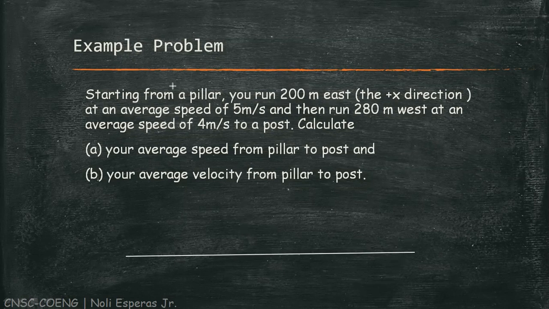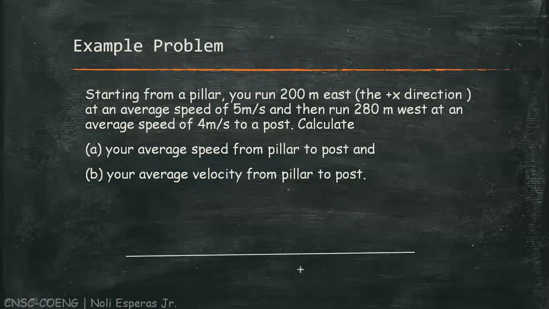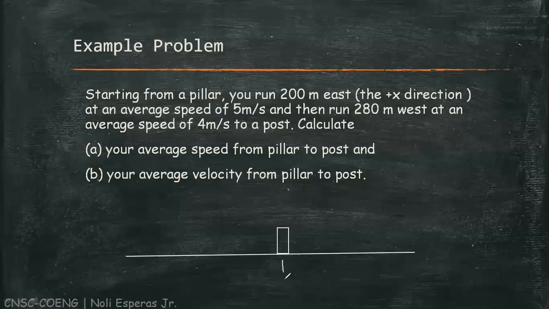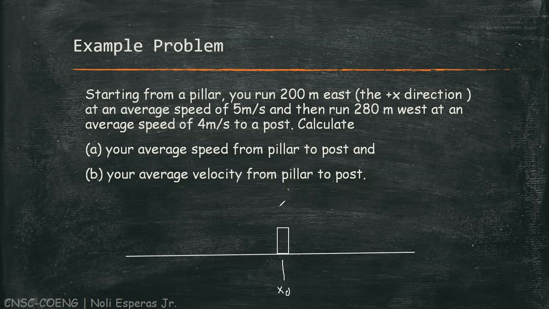So we have here a pillar. Let's say this is our pillar. Starting from the pillar, meaning this is your initial position at time 0, you run 200 meters east.